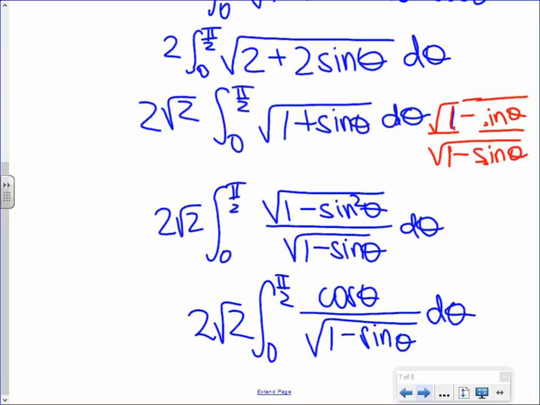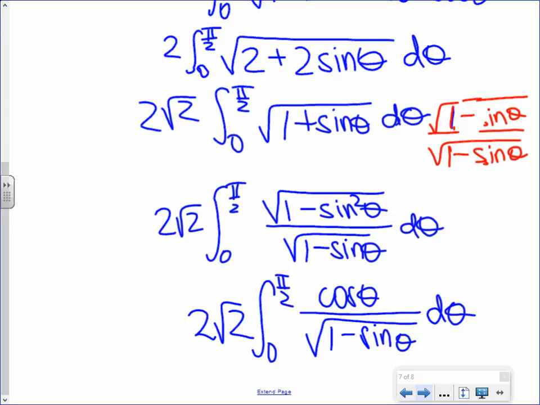In the second quadrant, cosine is negative. So the square root of cosine squared would not be the same as cosine from pi over 2 to pi. So would that mean we have to do 2 separate things? Yeah, and we don't want to do that. The square root of cosine squared in the second quadrant would be negative cosine.